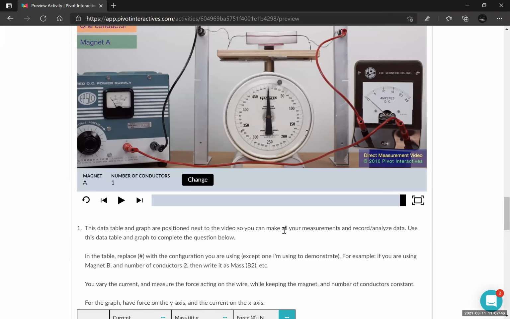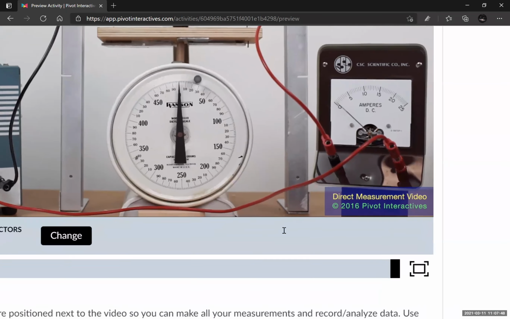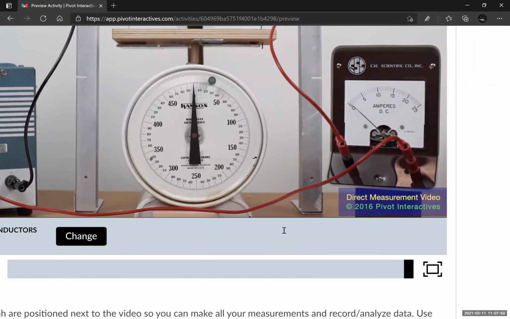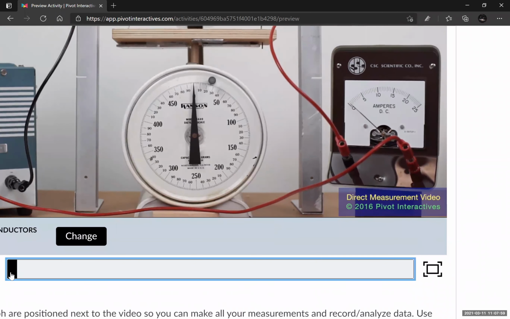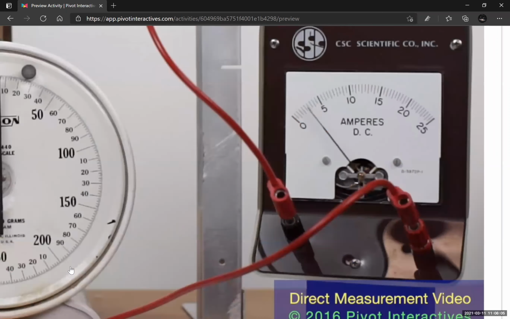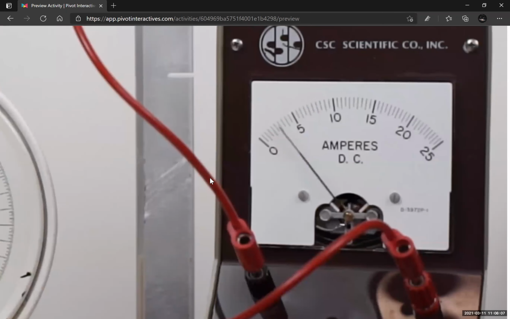Okay, so then you look at what you have as a reading for mass when the current is 2.5. So let's go and see what happens. You can see those marks on the ammeter are increments of 0.5: 0.5, 1, 1.5, 2, 2.5, 3, 3.5, 4, 4.5, then you get 5.